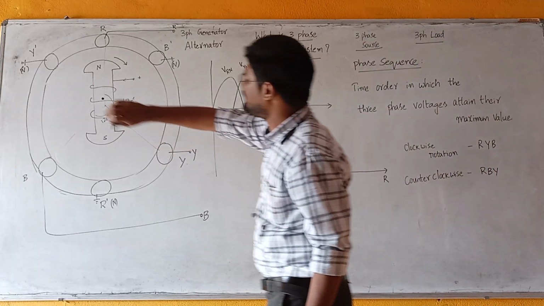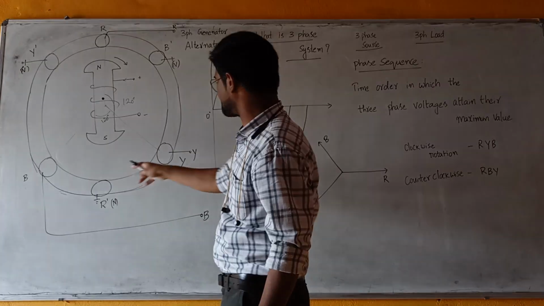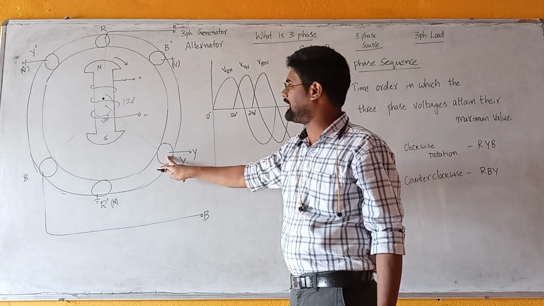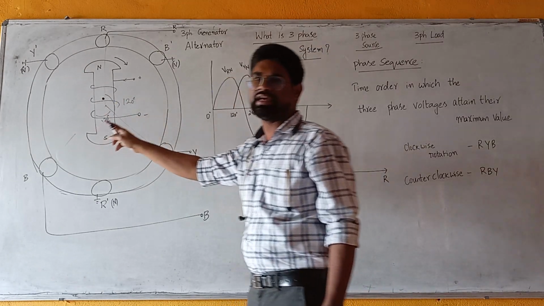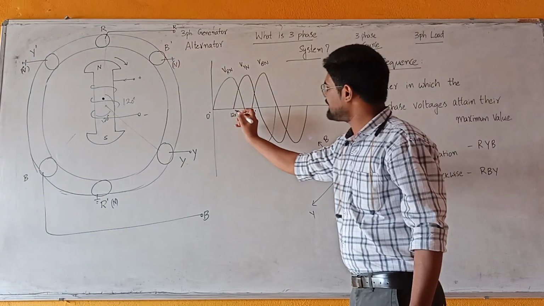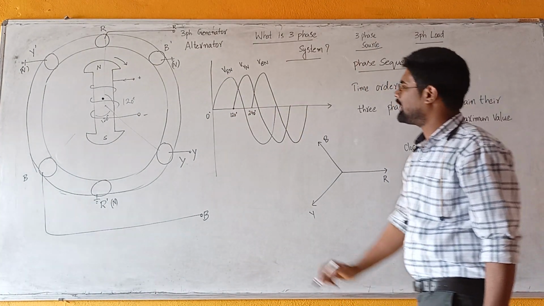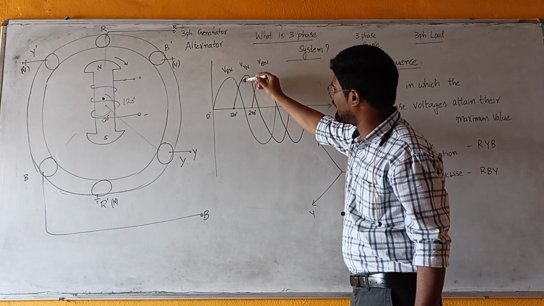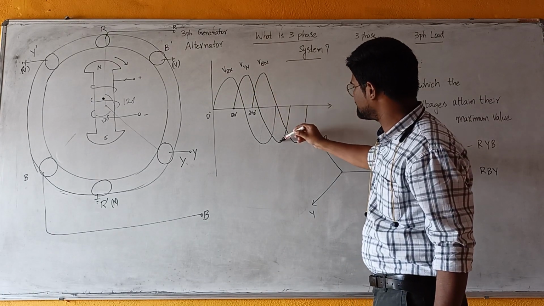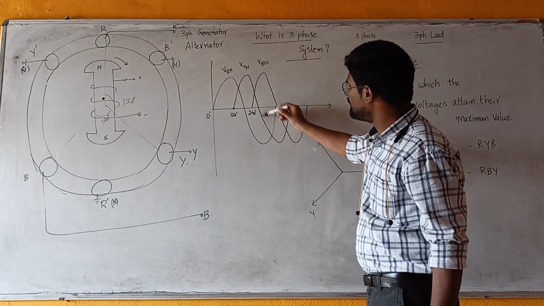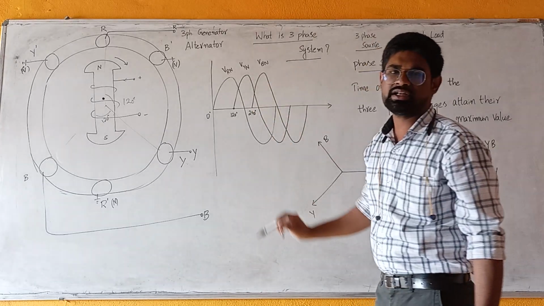Next, again the flux rotates, induces voltage in second set of conductor after 120 degrees. So the voltage in the second coil starts at 120 degrees. The second voltage starts at 120 degrees and this is the second induced voltage in the second set of conductor.